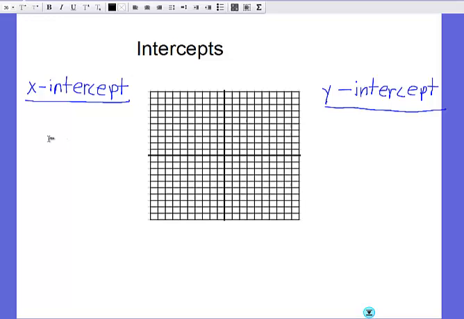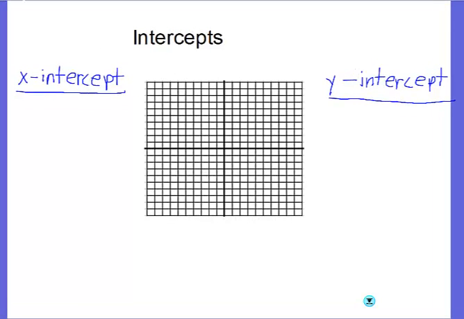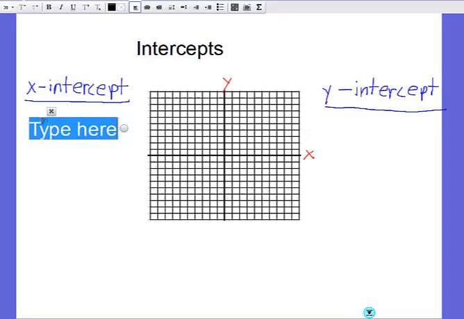If we're talking about a graph, or a Cartesian coordinate plane, we actually have two types of intercepts: x-intercepts and y-intercepts. An x-intercept is where the graph, or the line, crosses the x-axis.